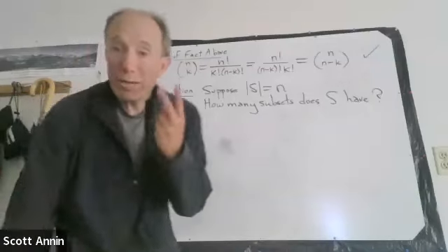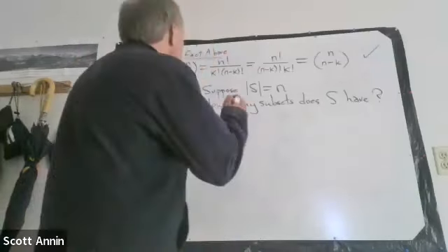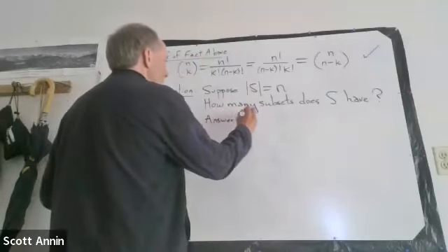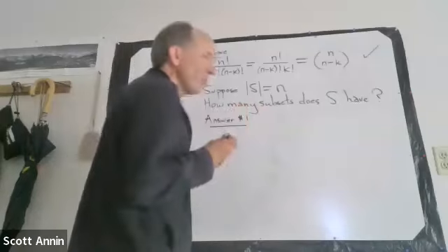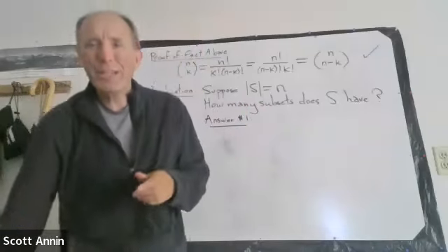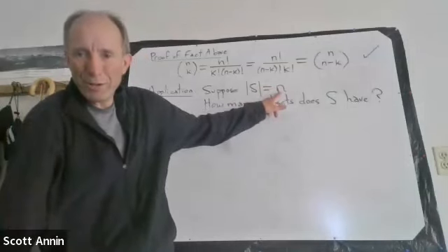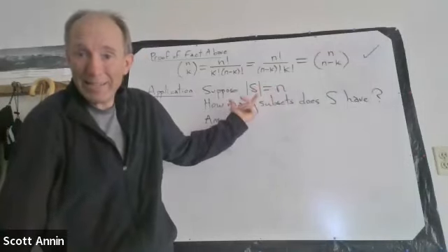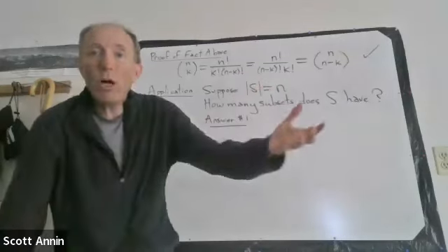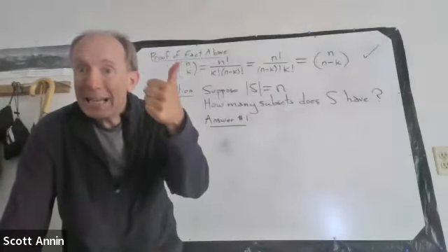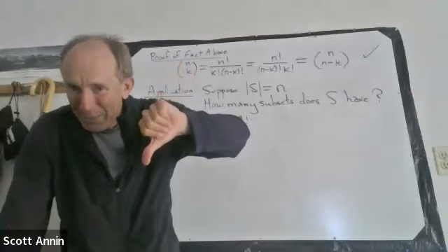Well, there's actually 2 different ways of thinking about it. So answer number one, and this is really the simpler answer, is to just simply say, look, for each of the n objects in the set S, when you want to build a subset, each of those objects is either in that subset or not in that subset, right?